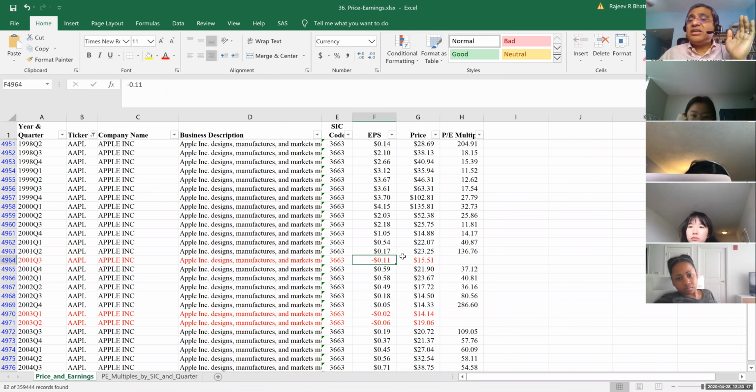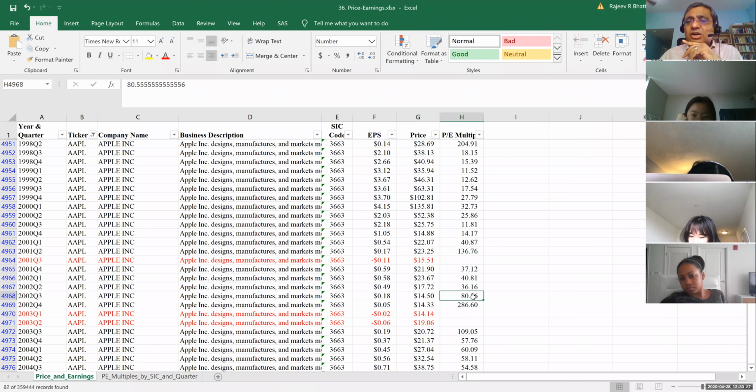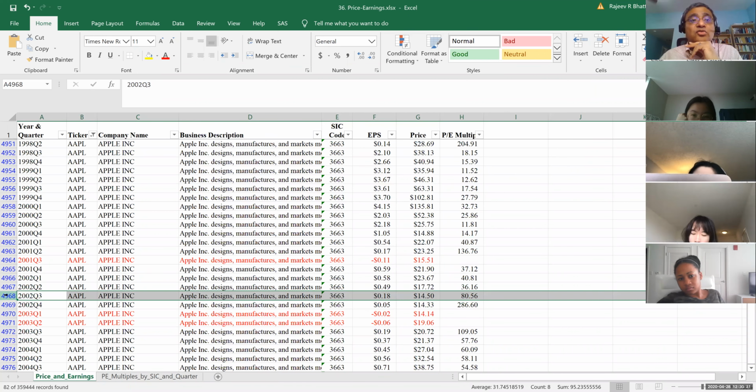So we see negative earnings, and so we have the price earnings missing. Again, we see it in the 40s, then it goes up to 80 in 2002 Q3. That's when Apple's starting to announce that it's moving from purely a computer manufacturing company to more iPods.